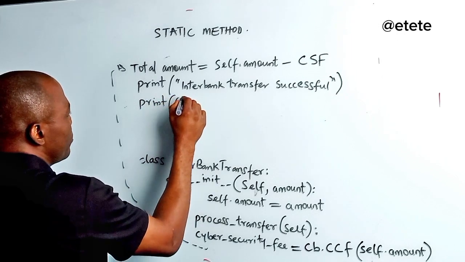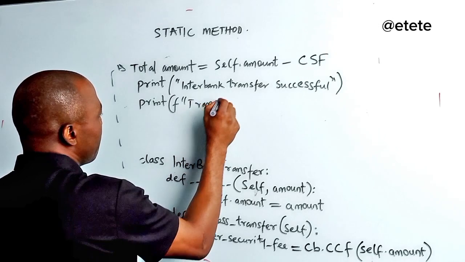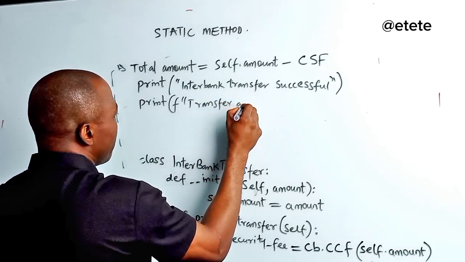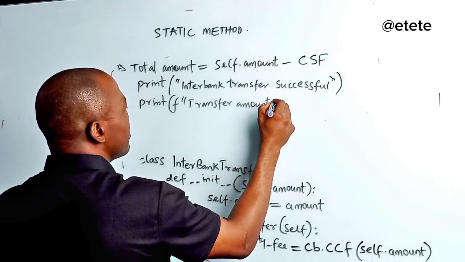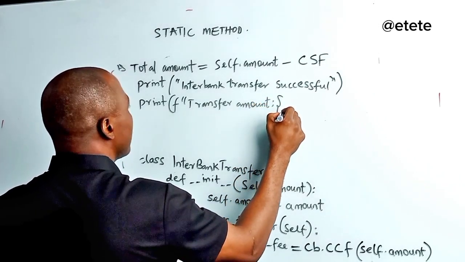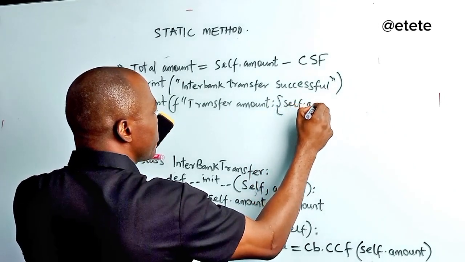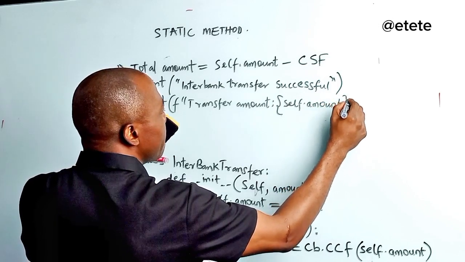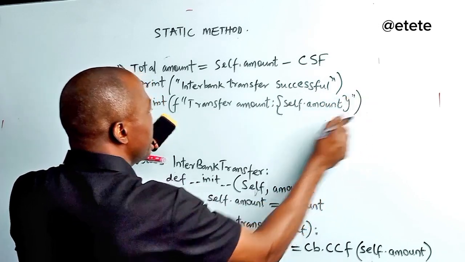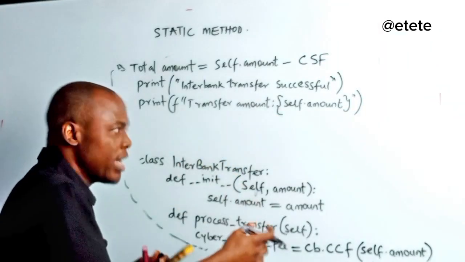I'll bring in my format string. Then I will say transfer amount, right? I will do this. Then I will say self.amount. Then I will close this. So this one will show us the amount that is to be transferred.